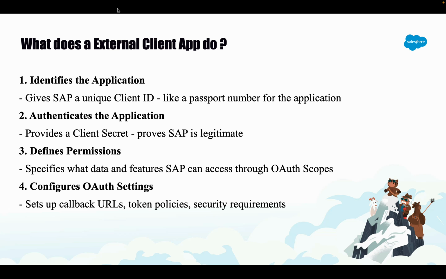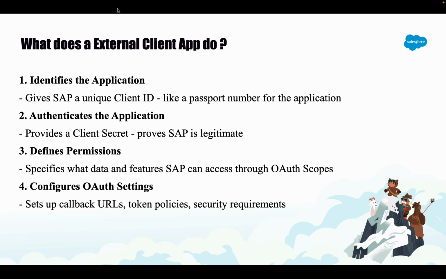Then we have defined permissions. Inside the connected app, we have options to define the permission. Even if SAP is a valid app, we must control what it can access. We cannot randomly provide access to everything. So this is done with the help of OAuth scopes.